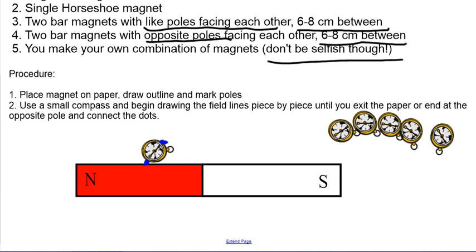From there, you will want to move the compass so that the tail end of the needle is on the last dot that you drew. And from there, it should change, and you'll notice it'll look like this. And so you want to put the dot on the tail end of the compass, and then draw a new dot where it's pointing towards.